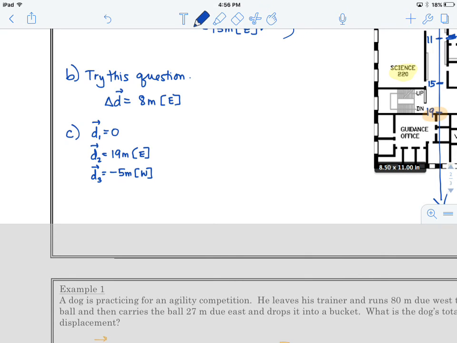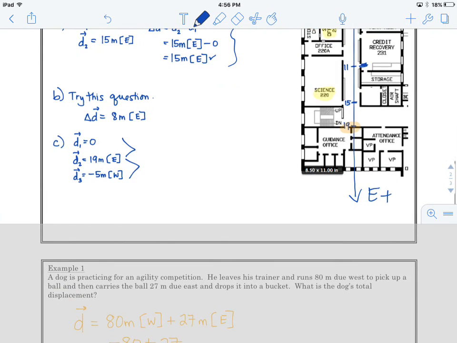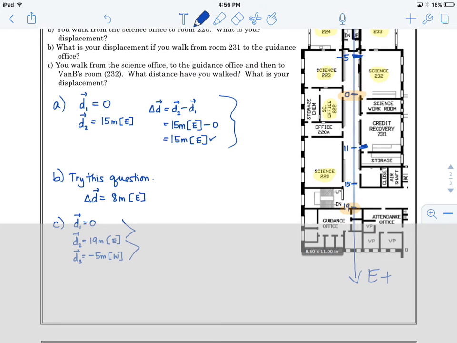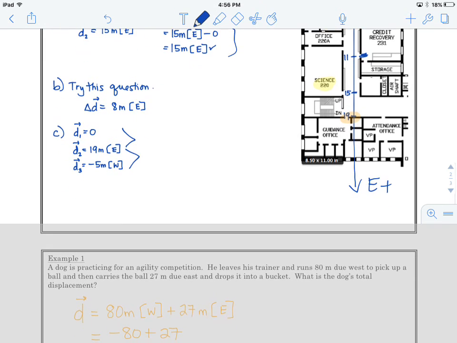So what we need to do now is we need to say, all right, we want to know an overall displacement. And what we could do is we could say, hey, let's do this in steps. Let's find out the displacement here to here, and then we'll find out the displacement from here to here. But it turns out that displacement is where did you start and where did you finish, and how far was that, right? So instead of doing 2 steps, we could say, how far did we go here to here?